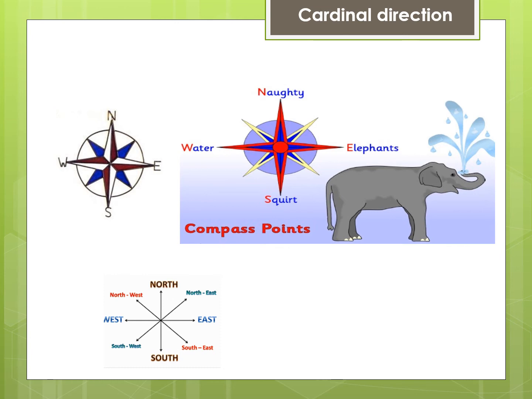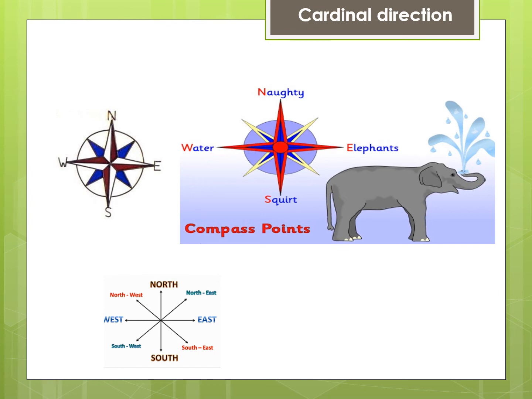So, we will try to remember that north is placed up. To the right is elephants. So, E for elephants and E for east. Squirt or splash, which is S, stands for south and which is right below. And lastly, water, which is to the left, and west is to the left.